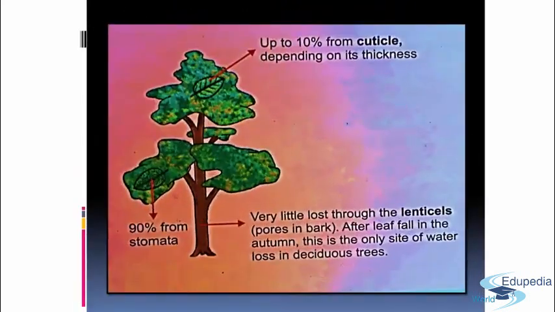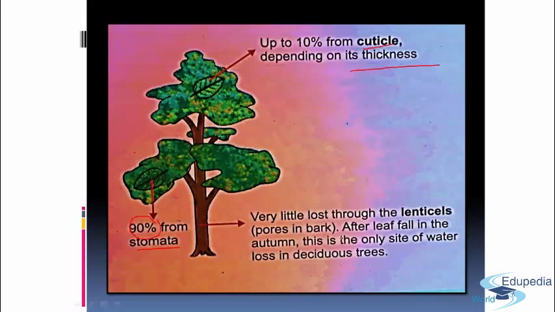See, in this figure, you can see that up to 10% of transpiration is done from the cuticle, and it depends upon its thickness also. Now 90%, that means most of the transpiration, is done from the stomata. Very little is lost through the lenticels, which are the pores in the bark.